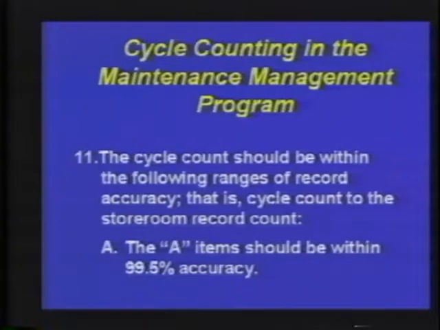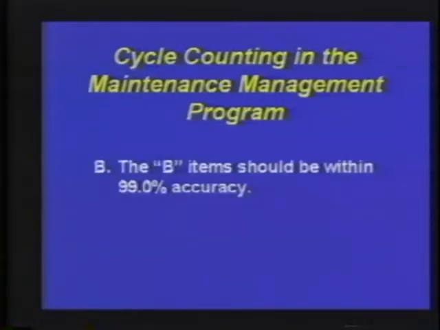Well, based upon the ratio of the annual usage value to the number of items in the ABC analysis, here are the percentages of accuracy that the cycle counting program is looking for. On the A items, you must be 99.5% accurate. On the B items, 99.0% accurate.